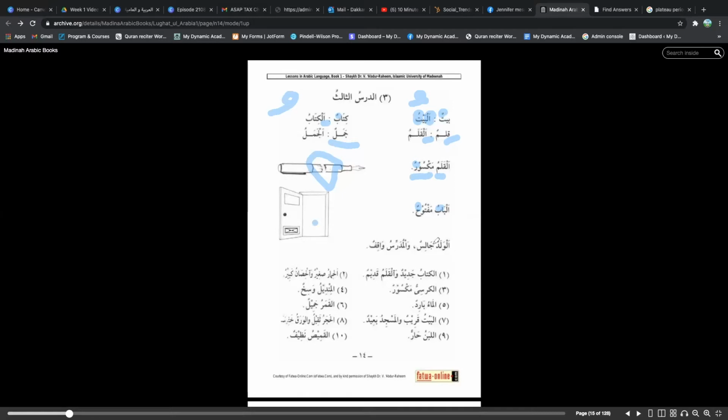Al-waladu. If you remember waladun from the previous lesson, a boy. Now we add the alif lam, get rid of one of the dhammas. It's al-waladu. Al-waladu jalisun. This is a fa'il, so he's actually doing the action right now. This means he's sitting. Al-waladu jalisun. Wal mudarrisu.